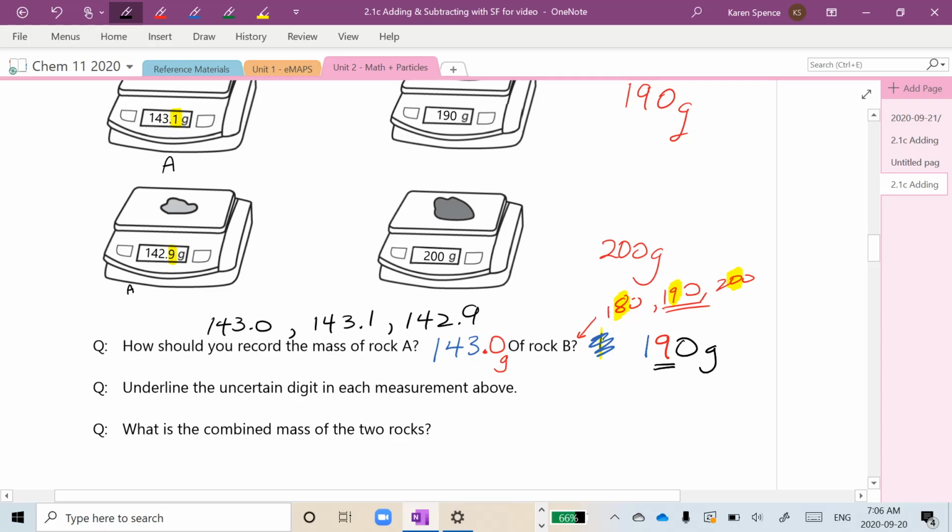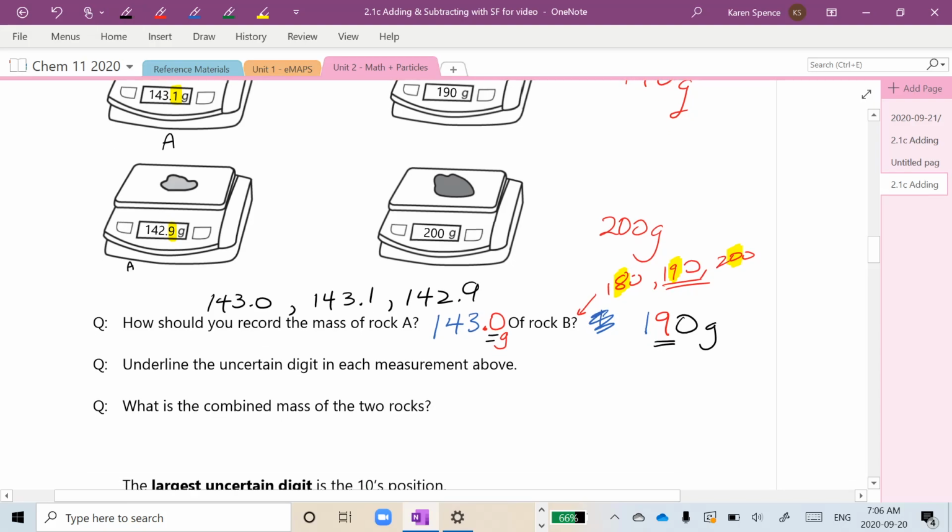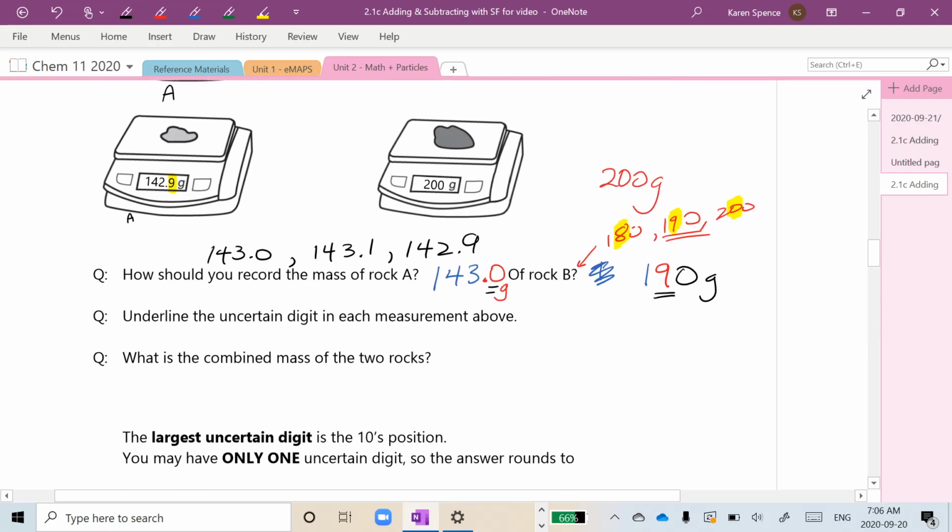On my previous balance, it was a much more precise balance. It could go to way more decimal places. My tenths position was my uncertain digit. So now we're going to add these two. In this case, I'm going to show my work a little differently. I'm going to line these up vertically.